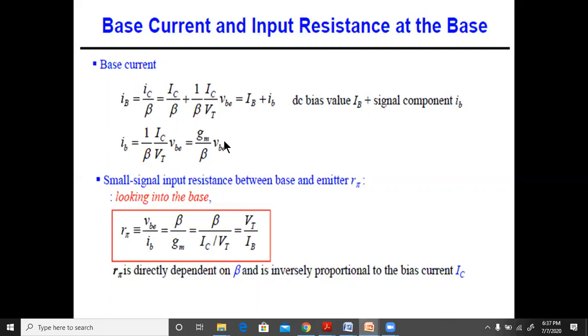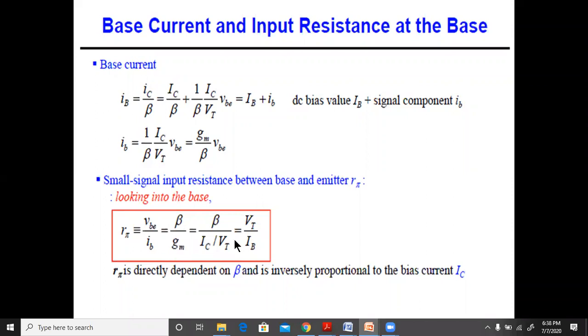So VBE by IB, which is generally written as r pi, and sometimes also written as rb'e in the literature, or you can always write it as r pi. r pi is nothing but VBE by IB, and that is beta by gm.